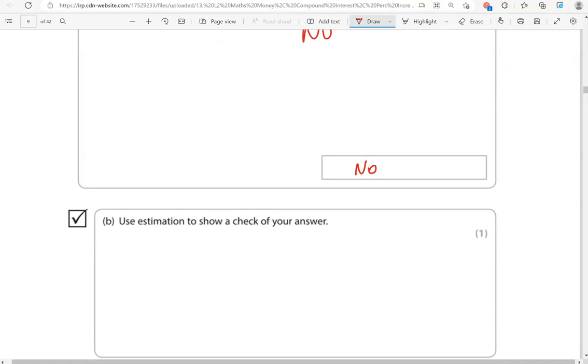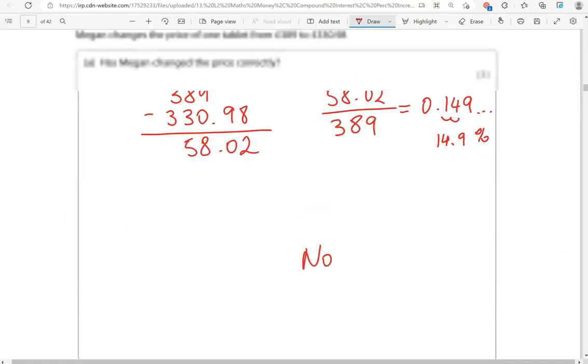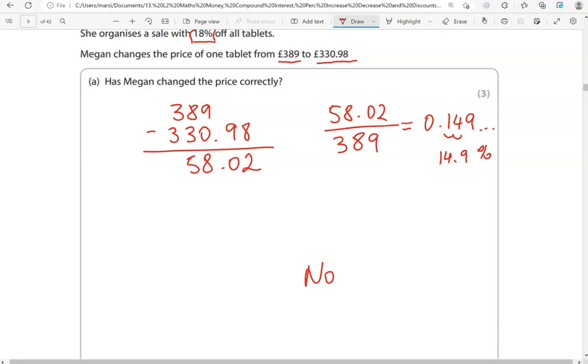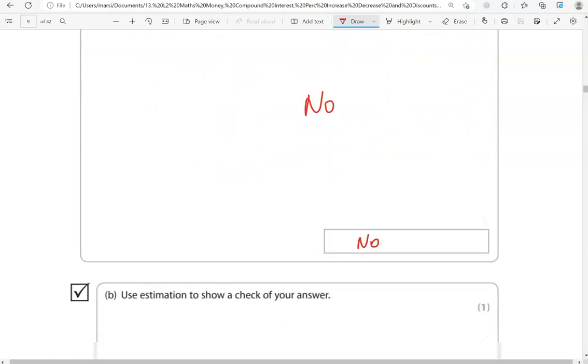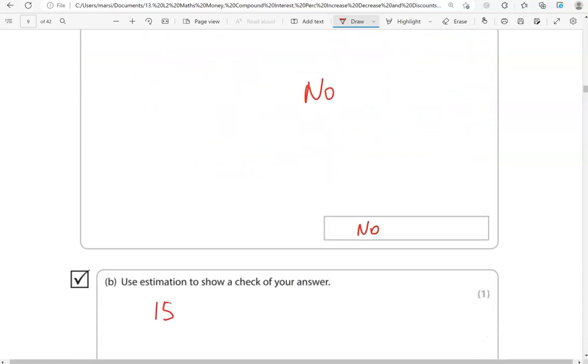Use estimation to show a check of your answer. So when we worked it out, 58.02 was about 15%. So what we're going to do is work out 15% of 390 or 389. So we'll do 15% of 389.